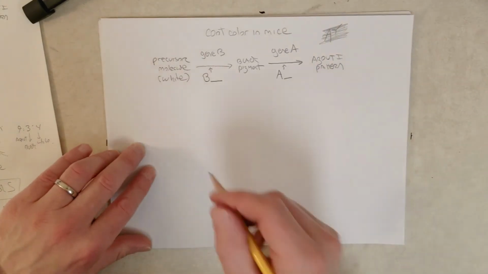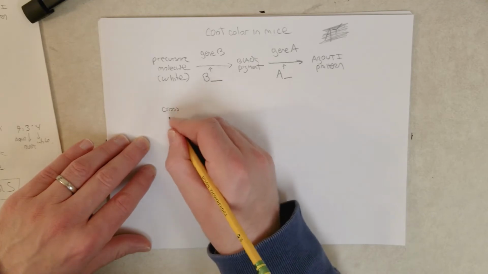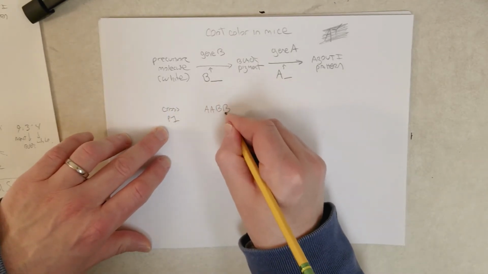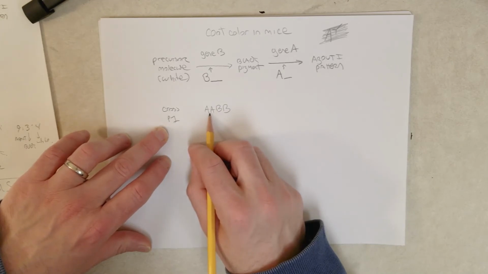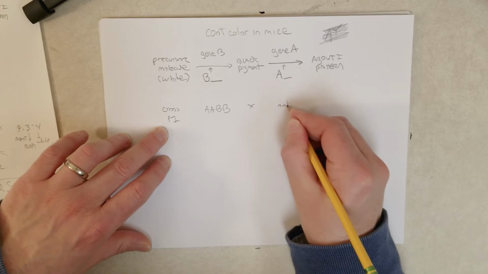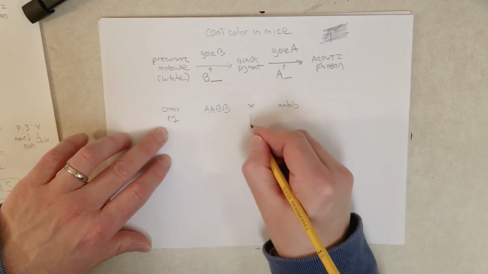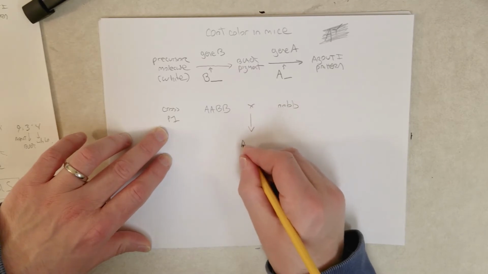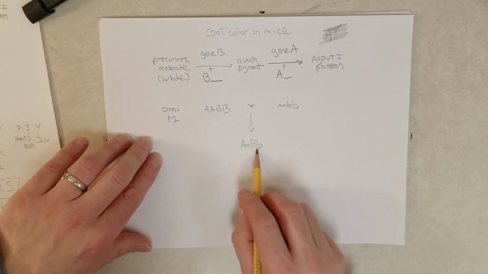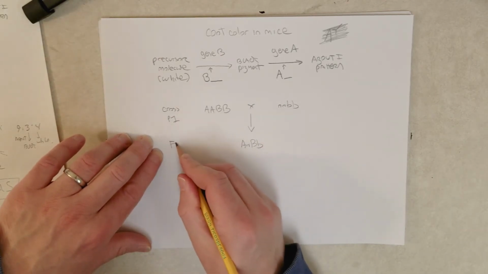So if we were to do a cross, let's say the P1 generation has this genotype, homozygous big A, homozygous big B, and the other parent is homozygous little a, homozygous little b. We know that the offspring will all have this genotype, or we should know by now from the earlier parts of the course.